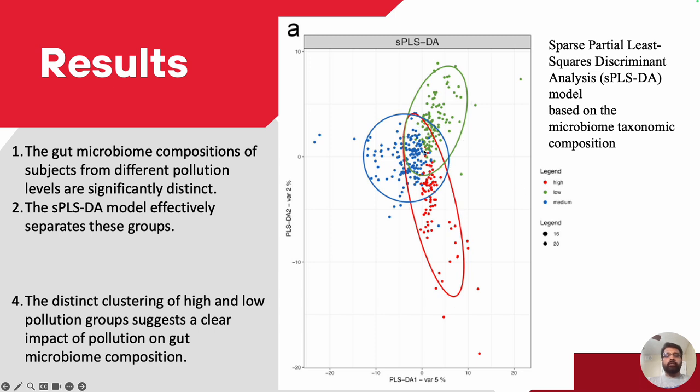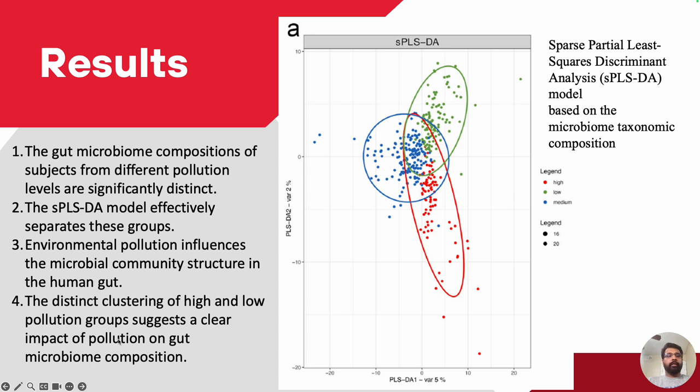The red circle indicates the microbiome data from the people who live in the highly polluted area, the green is the low polluted area, and the blue is the medium polluted area.